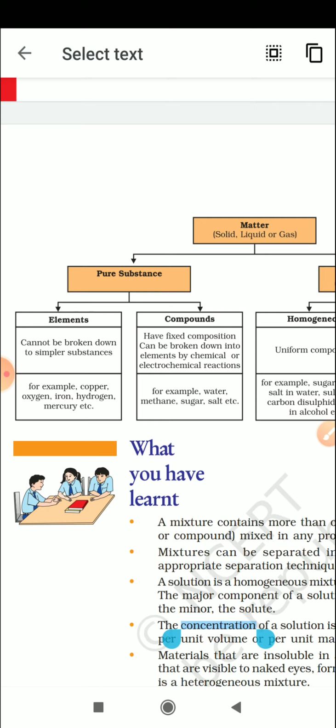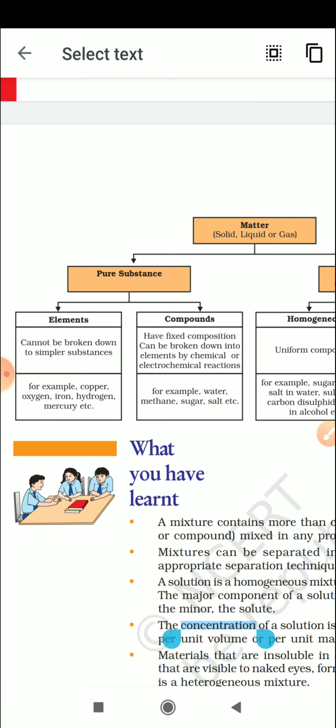Okay, so compound means we are talking about a fixed composition, and it cannot be broken down into simpler substances by any physical method. For example, if I give you a glass of water and say I want oxygen from this water, are you able to separate the oxygen from the hydrogen at your home? Definitely no, we cannot separate.